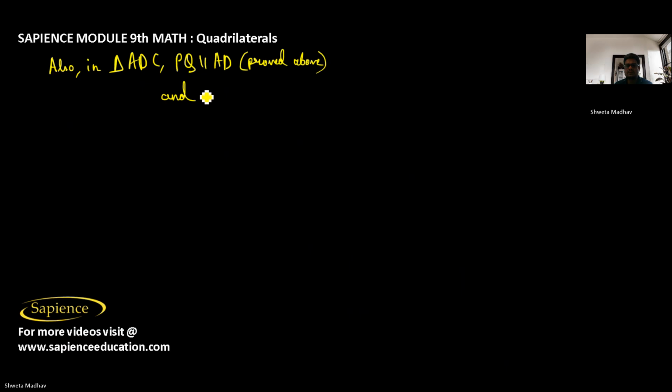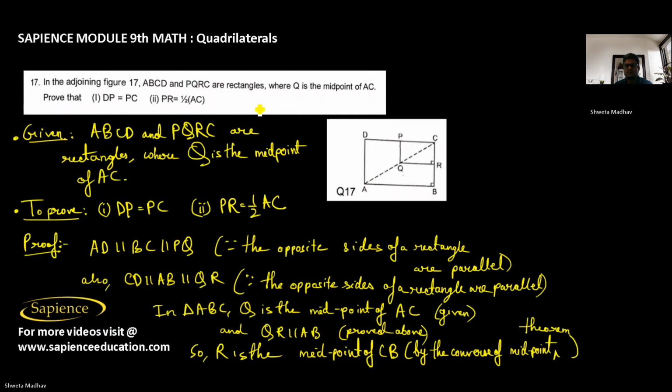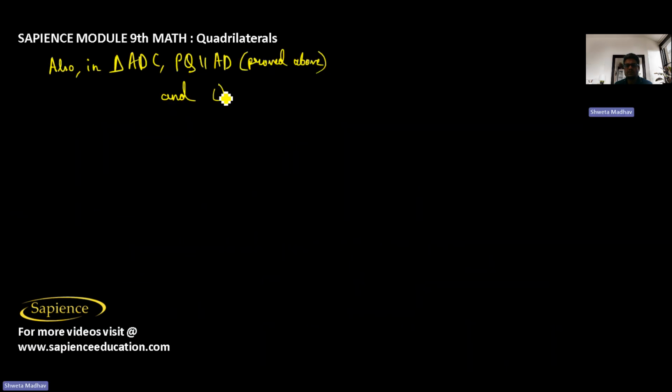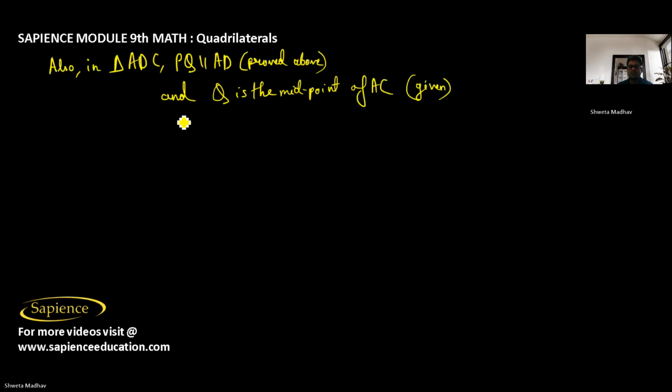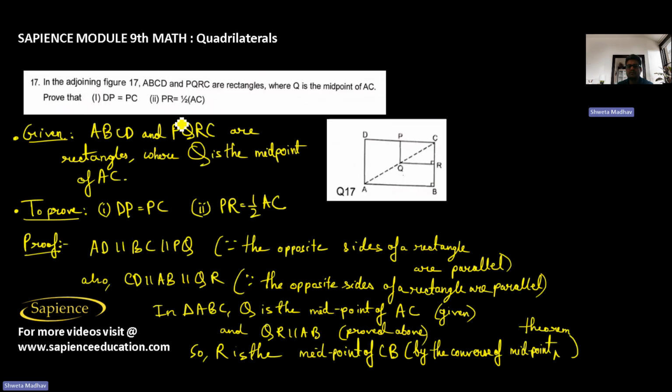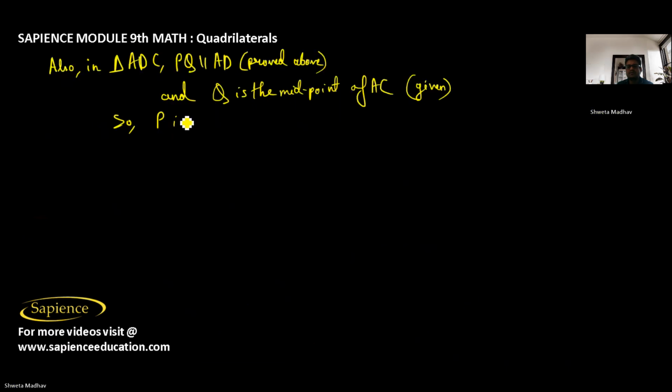And Q is the midpoint of AC, which is given. So I can say that P is the midpoint of DC.